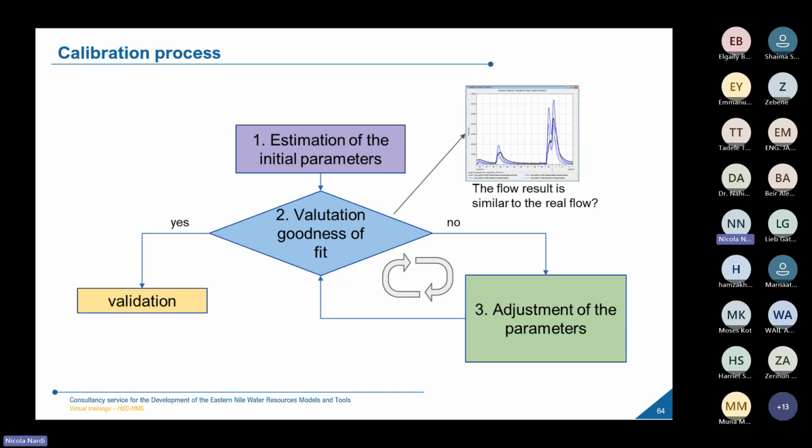So each time that I see that my results cannot be considered compatible with the observed data, in case my goodness of fit is not good enough, what I need to do is go back to the model, adjust the parameters, so change the values of the parameters, and do my goodness of fit again. This is a process.